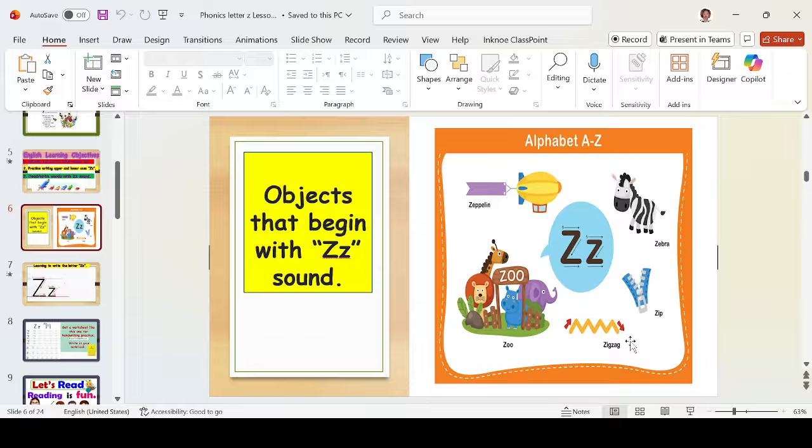And this is a zip. I think you have a zip on your jacket, on your trousers, right? Okay, so I want you to pause the video and try to describe these objects, the pictures. And then when you are done, we are going to practice to write.